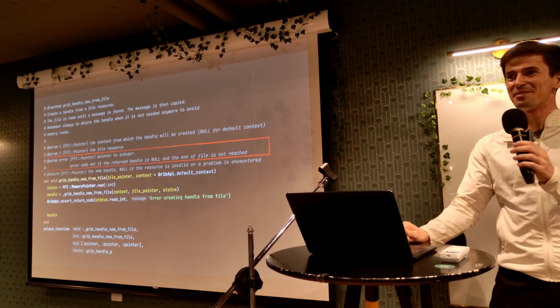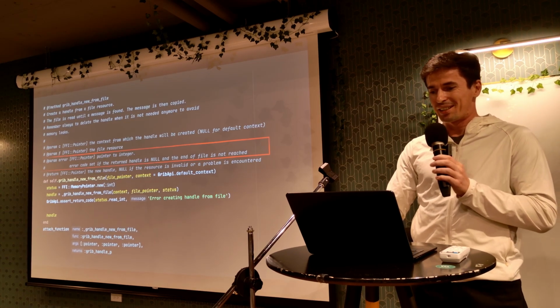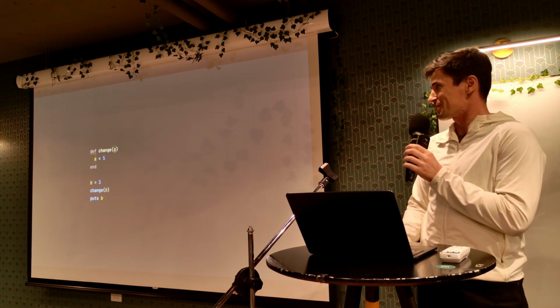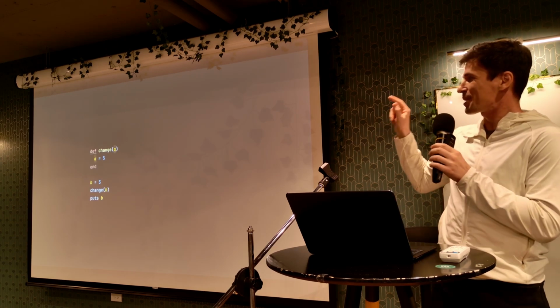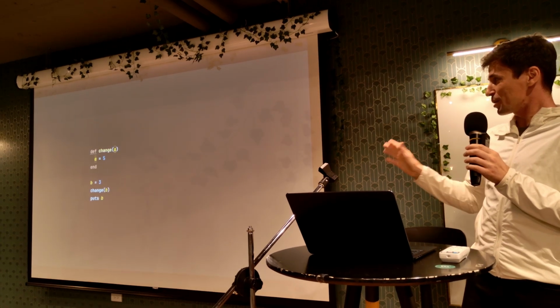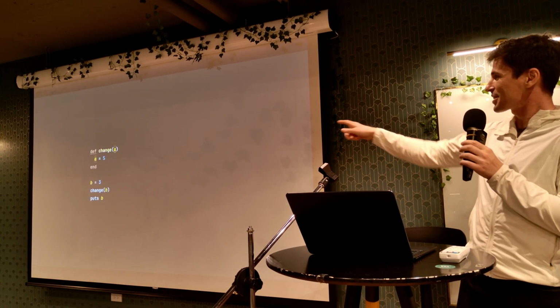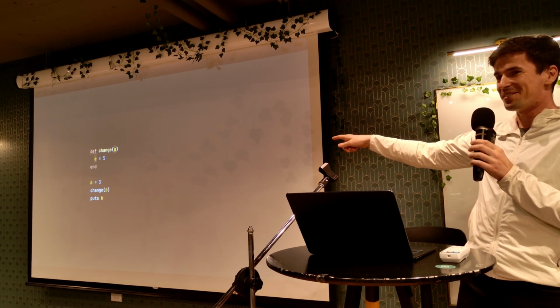Have you guys seen them before? It's not a common pattern in Ruby world. You're not doing this often, right? Or you're normally not doing this at all. You're not trying to modify a parameter from inside the function. But in C, that's a common pattern. But by the way, can you guys guess what would be B in the end? 3 or 5?